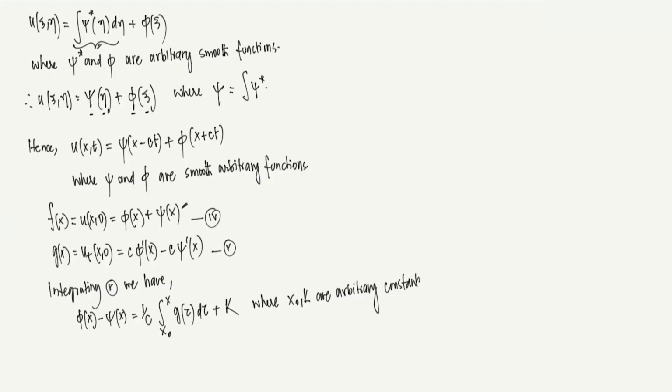So if you put all this together, what is phi of x in this case? Phi of x is nothing but half times f of x plus 1 by 2c, integral from x naught to x of g of tau d tau, plus k by 2. Is it okay?